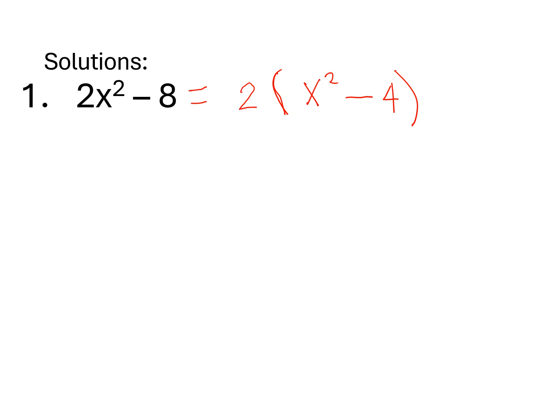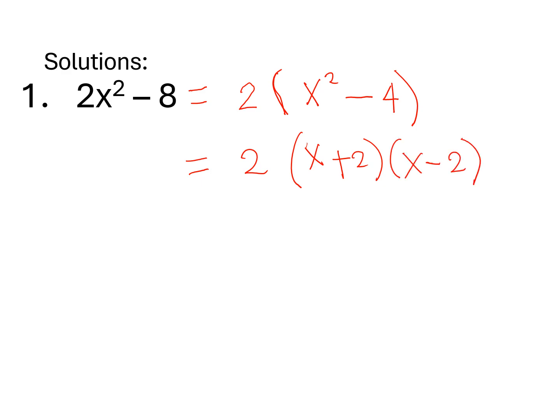Next, observe that the second factor, x squared minus 4, can be factored further into the quantity x plus 2 times the quantity x minus 2.